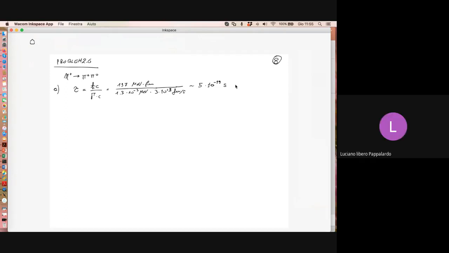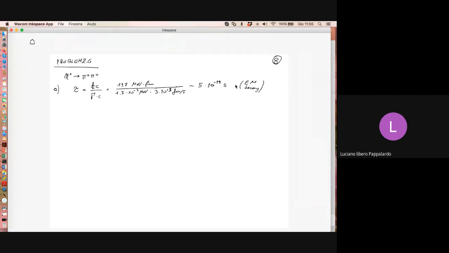Cannot be strong because it is too slow, of course. On average, weak decays are even slower, much slower actually, orders of magnitude. So this is the typical range of electromagnetic processes for decays in this case, okay? So electromagnetic decay. And so also here, we know that parity and charge conjugation must be conserved.